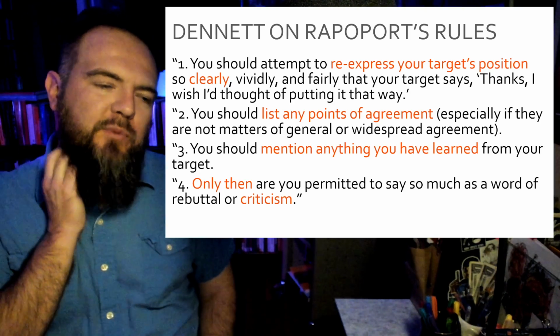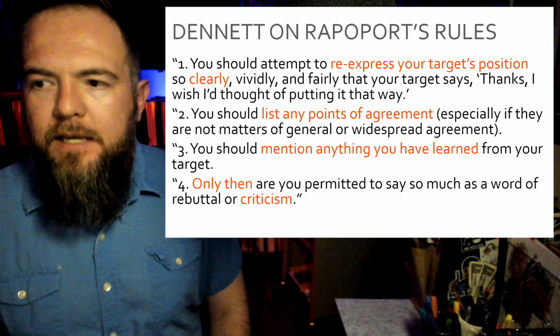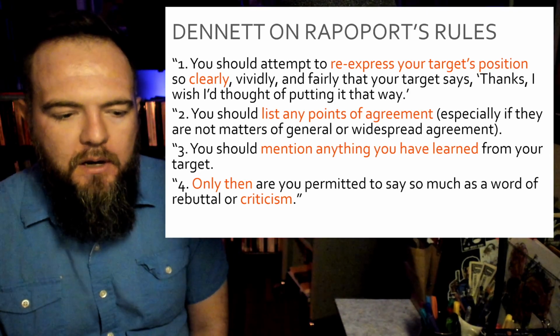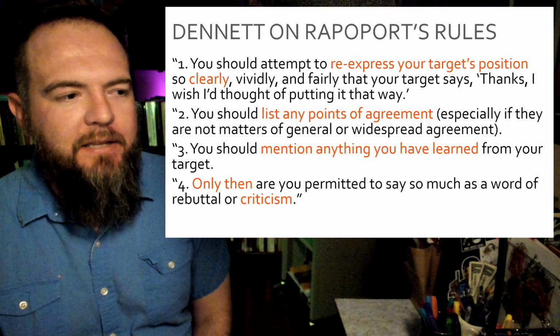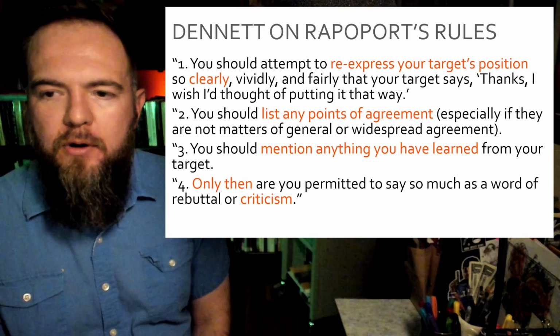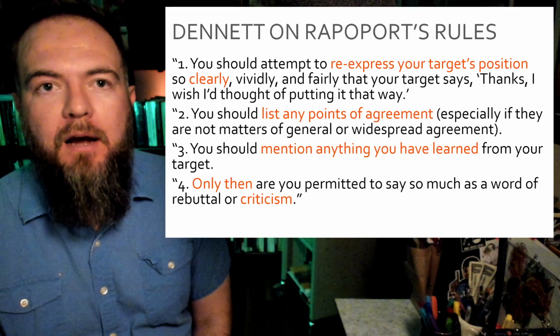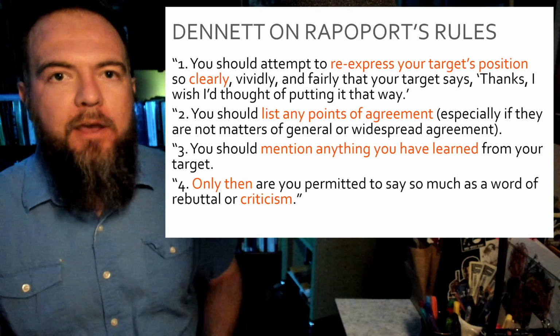Now, part of this is related to how we make arguments. And Dennett, again, is talking about this guy named Rappaport, who was very involved in economics and, somewhat abstractly, problems related to computer programming. But Rappaport had some rules for making arguments, especially when you're having the argument with the person.